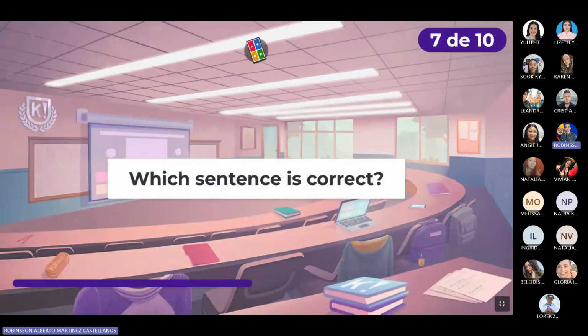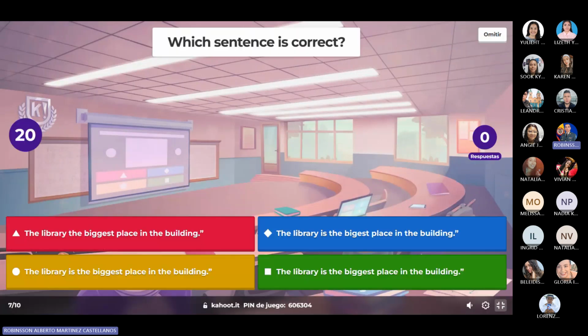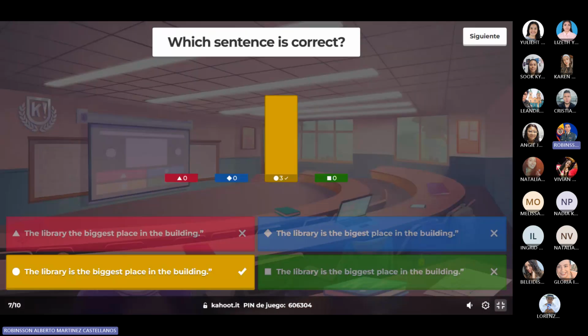The next sentence, pay attention. Okay, very good.